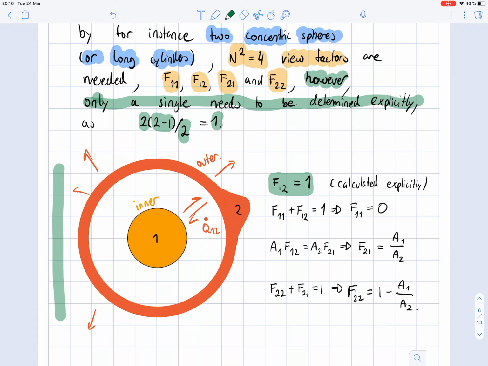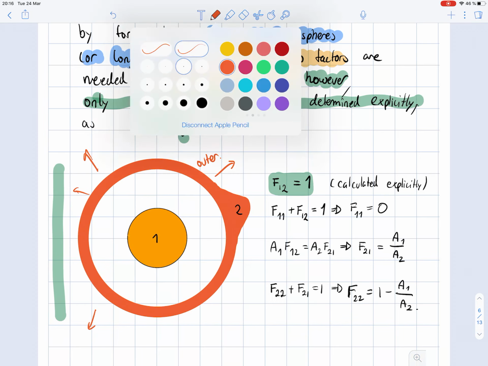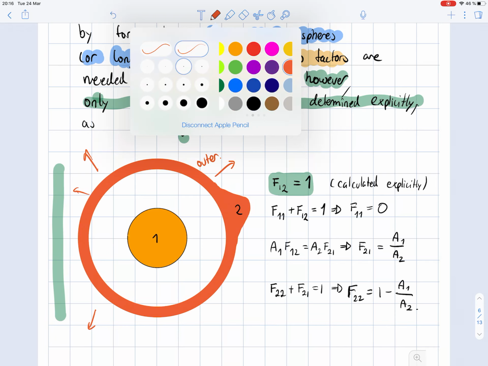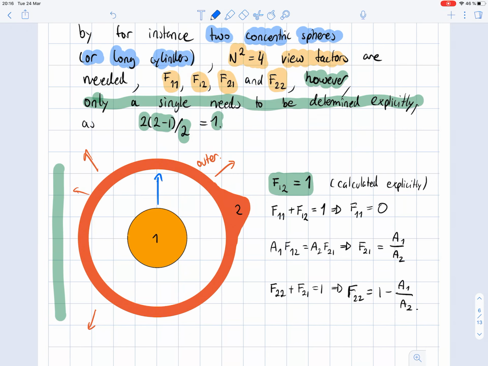You can calculate that explicitly by doing the integral if you want, or you can simply see that all rays being emitted from surface number 1 will be intercepted by surface number 2. So 100% of the field of view of surface 1 is covered by surface 2. So that's why F12 has to be equal to 1.